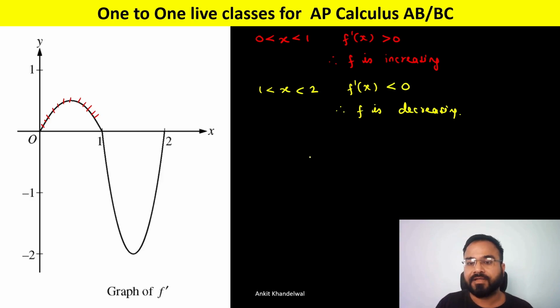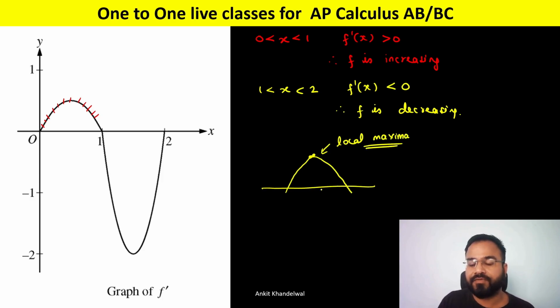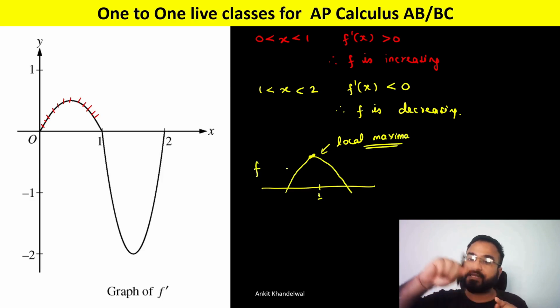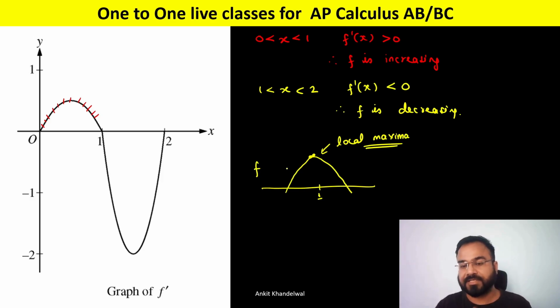So we can say this point is the point of local maxima. So 1 is the point of the local maxima.